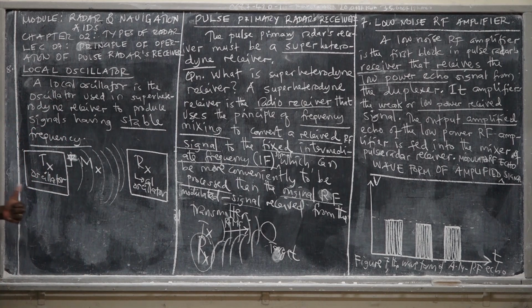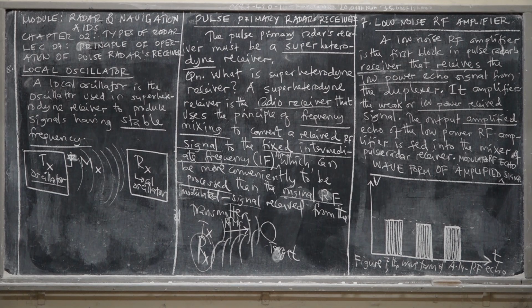The local oscillator's output will be fed into the mixer and combined with the amplified modulated RF signal or echo. Then the output of the mixer will be fed into the IF amplifier unit.